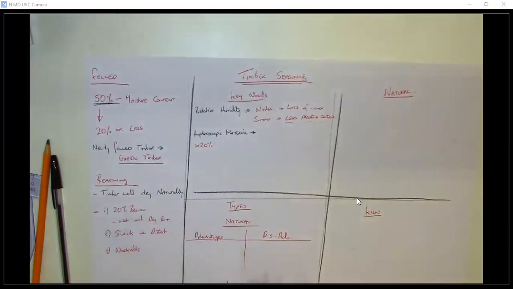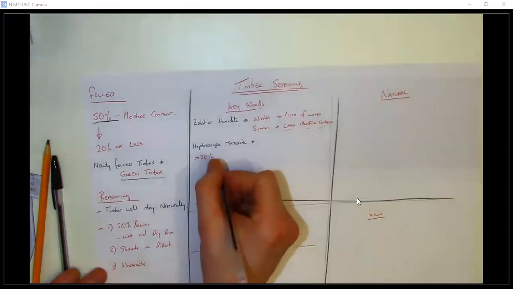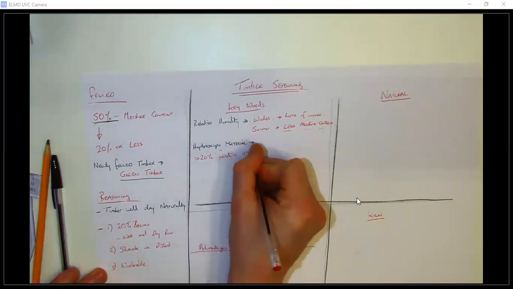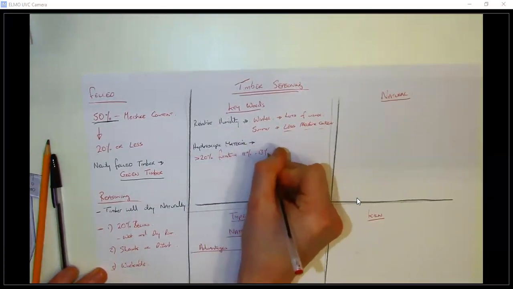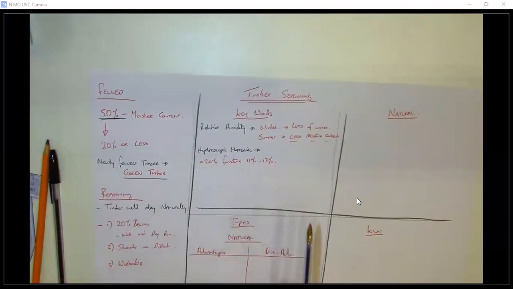So the moisture content in wood used for furniture is about 11 to 13%, and it's going to stay within that range. It's inside in a real dry area, never exposed to large humidity or water, so it's going to balance out at about 11 to 13%.